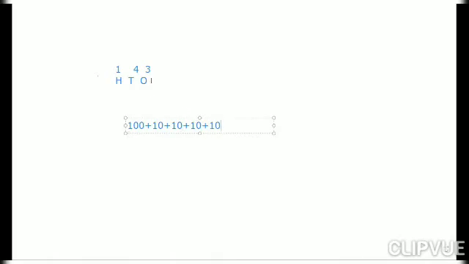Now what you need to do, 1 को कितनी बार add करोगे, 3 times, because 3 is on ones place. So 1 plus 1 plus 1, and that is your answer.